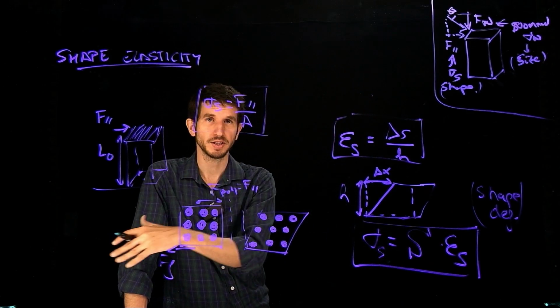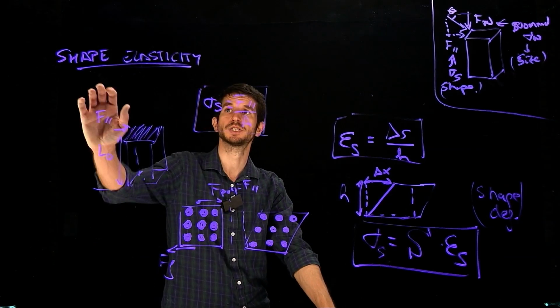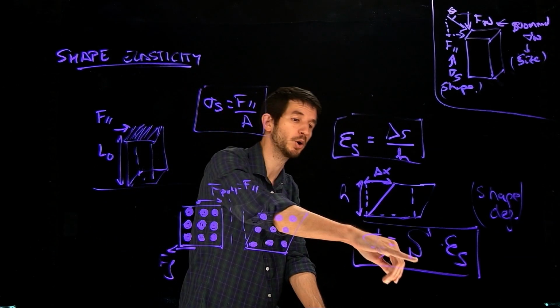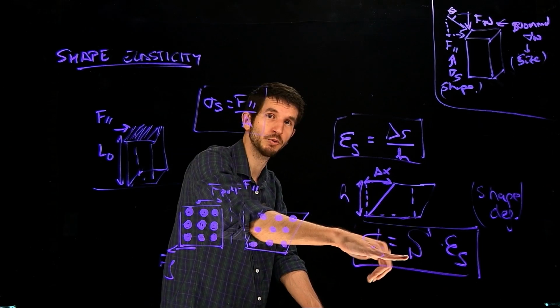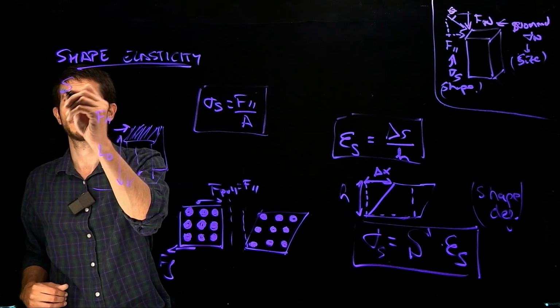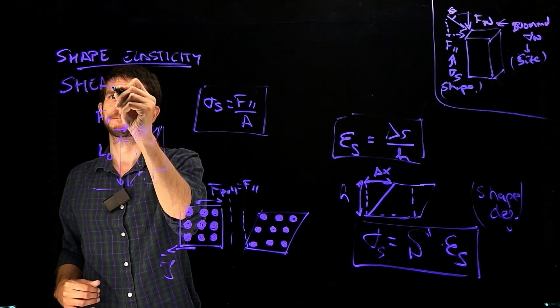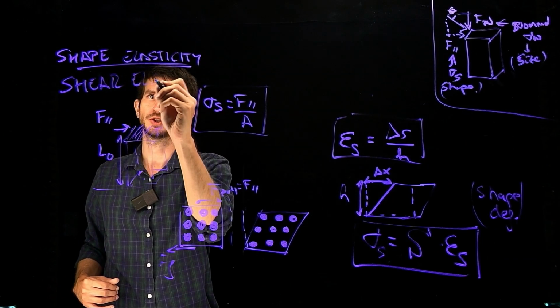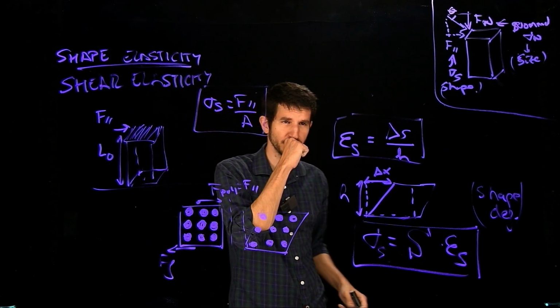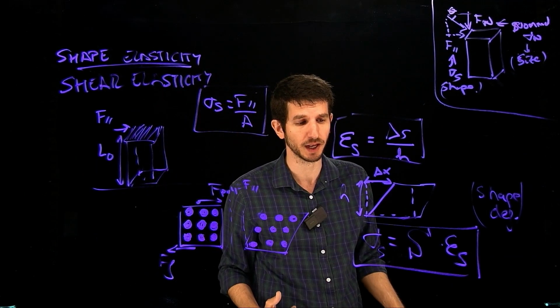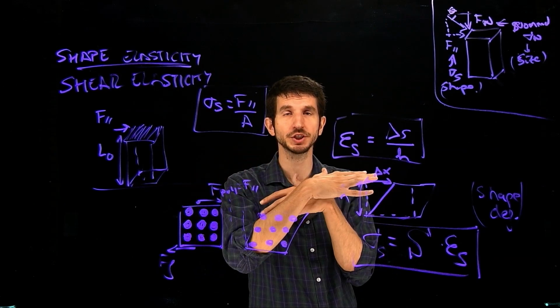So that's the idea in here. Normal stress is producing size deformation. Shape deformation is going to be proportional to how much it strains, how much it changes the shape, proportional with elasticity. That's going to be shear elasticity. Again, that property is going to depend only on the material. Some materials are going to be able to deform in shape better than others.